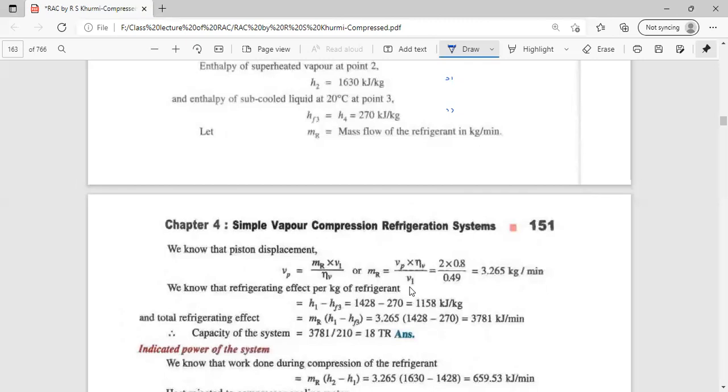So mf is given as Vp multiplied by eta V divided by V1 itself, where the efficiency is 0.8 and the volume is 2 cubic meter, divided by the specific volume 0.49, that is 3.265 kg per minute from the calculation itself.